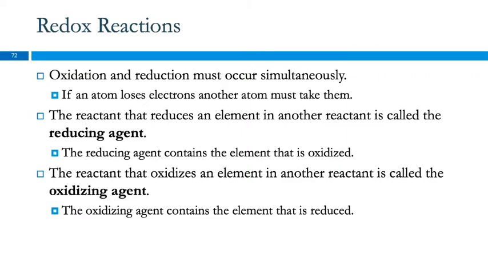So oxidation and reduction must occur simultaneously. If an atom loses electrons, another atom must take them. Okay. So before we add the agents, any questions about oxidation and reduction?